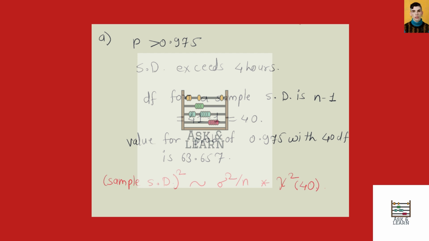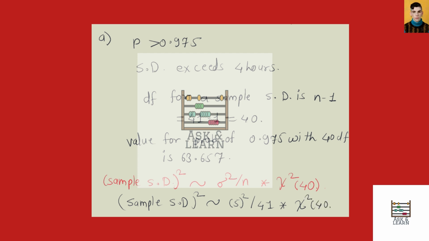So now plugging in the values, the sample standard deviation square follows sigma square upon n, where our sigma value is 5 square, divided by n which is 41, multiplied by chi-square of 40.